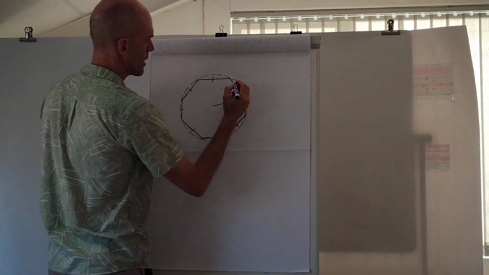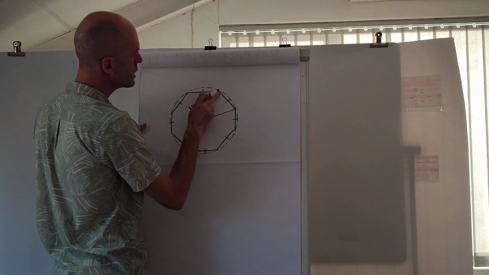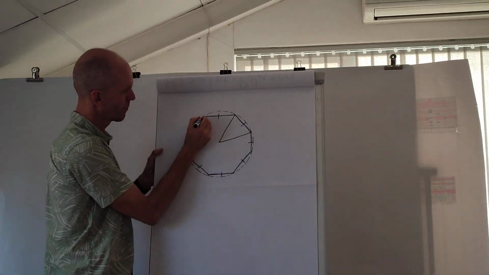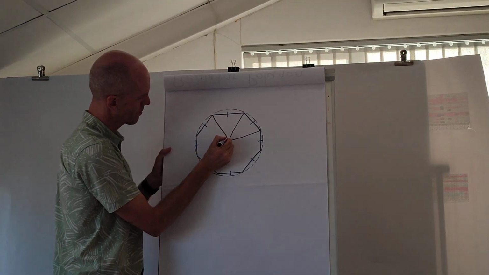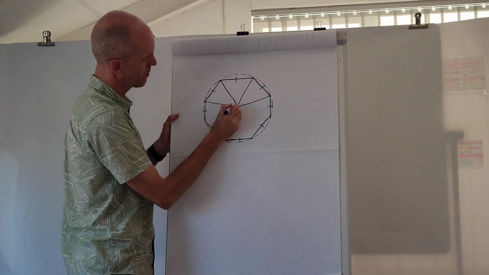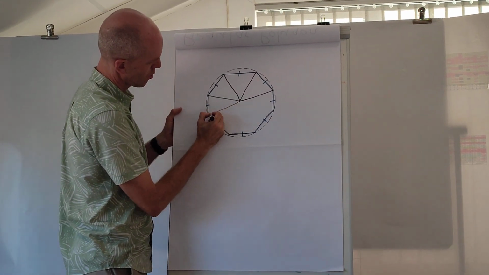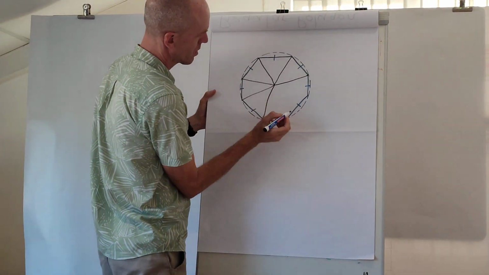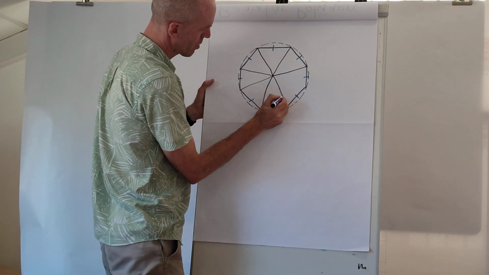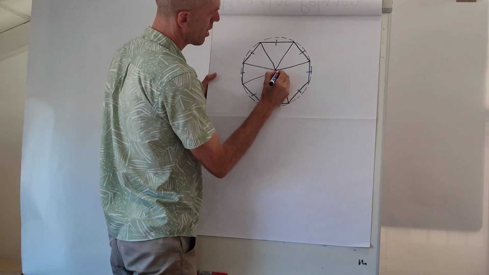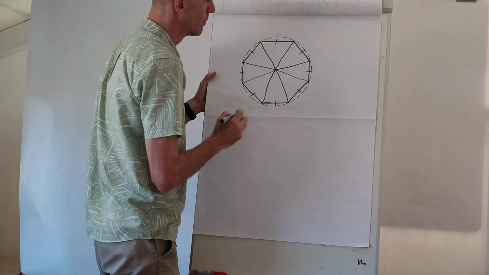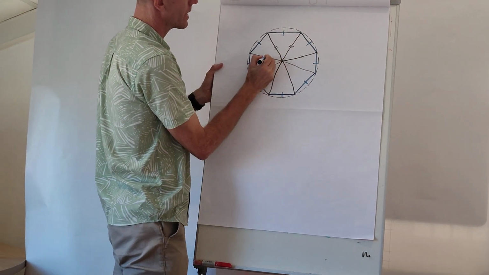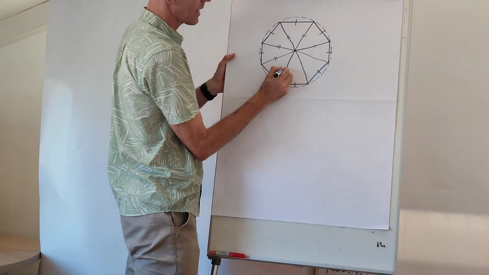What happens if I connect each of these points with the center of the circle? Would you agree with me that each of those lines are the same length? Because they are the radius of a circle. So that one's the same length as that, is the same length as that, etc., etc.